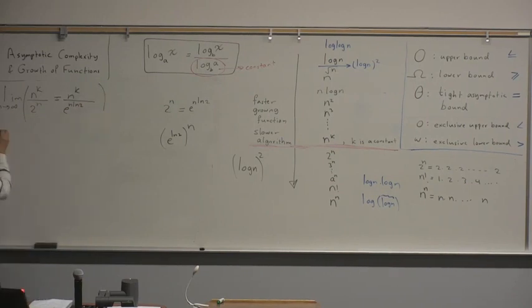Now to derive, this is equal to the limit as n goes to infinity of k n power k minus 1 divided by some constant multiplied by e power n ln 2. Of course, this is a different constant, k prime.